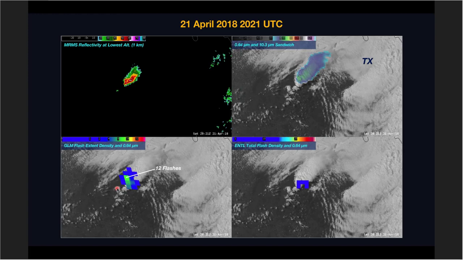In a perfect world, we'd have a product that would be overlaid, that would signal us that a lightning jump has occurred with this GLM data. They're working hard on that. Chris Schultz down at Huntsville is working on that. The lightning jump algorithm that uses Earth Networks lightning data has been evaluated at HWT for a few years now.